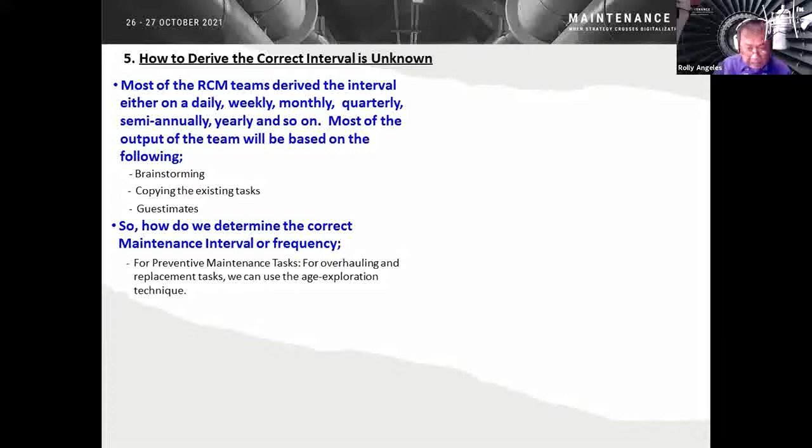Okay, so we replace it yearly. When the year comes and we try to replace the impeller, and we observe that there is just a very, very slight wear out on the impeller, then we can increase the interval by a factor of 10%.